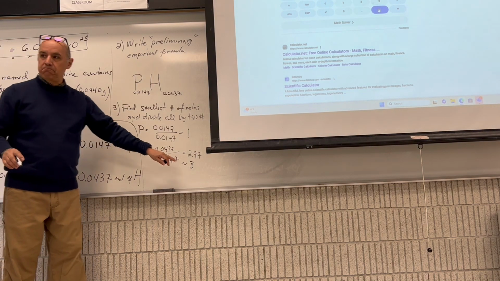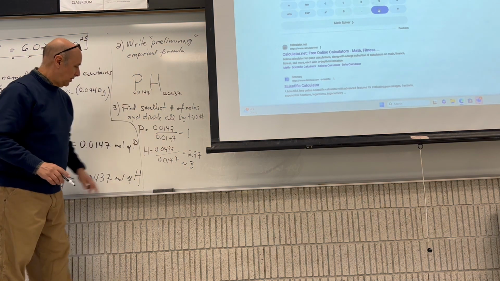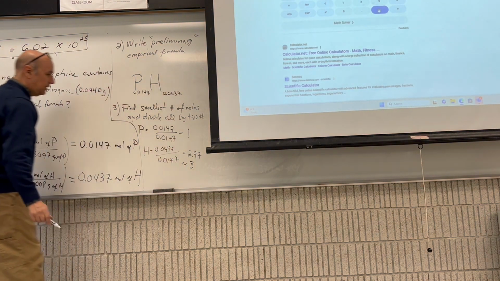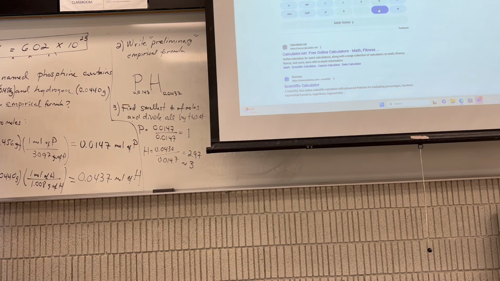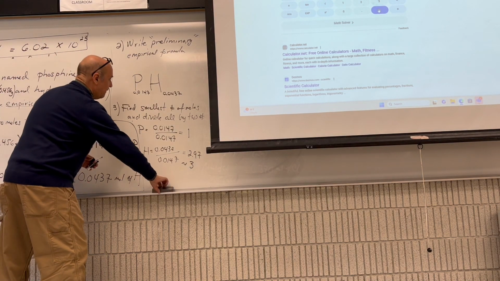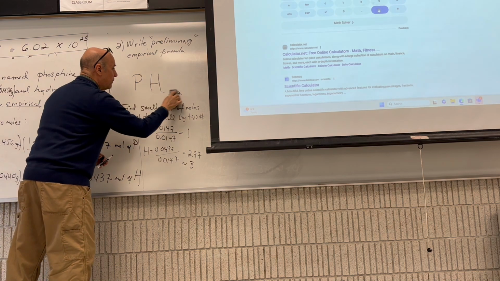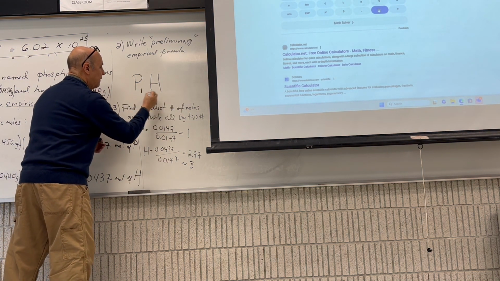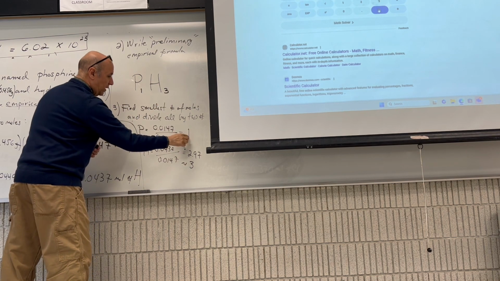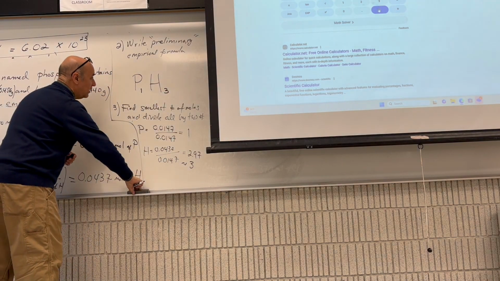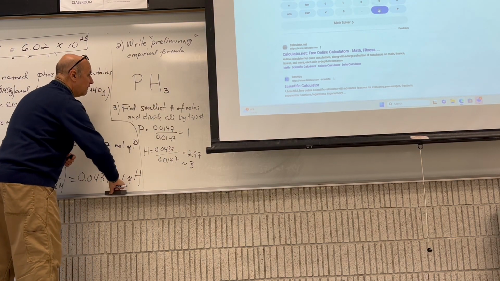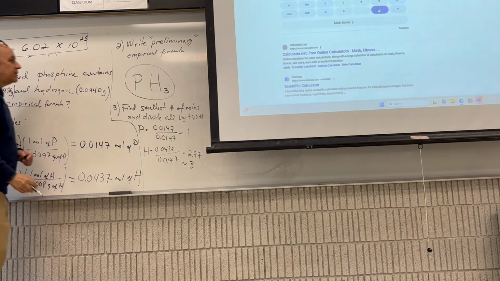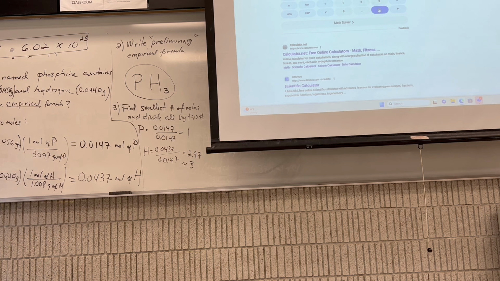But for now, this is close enough to 3. Therefore, step 4 is using those as the subscripts. We write the empirical formula for phosphine as P1H3. We erase the 1, and that's our final answer. That's the empirical formula of phosphine.